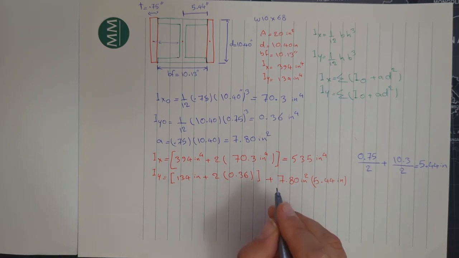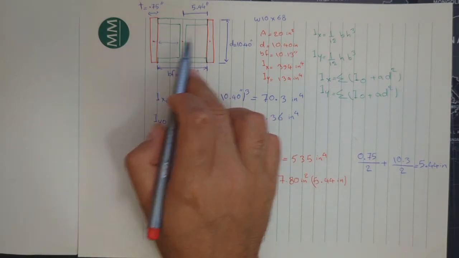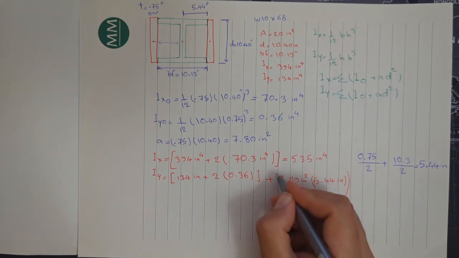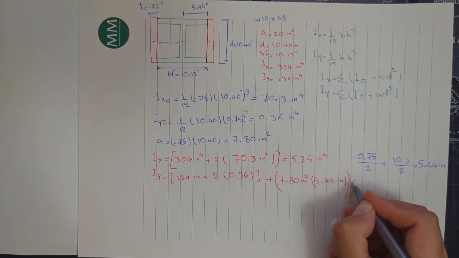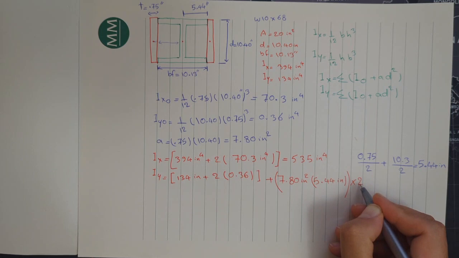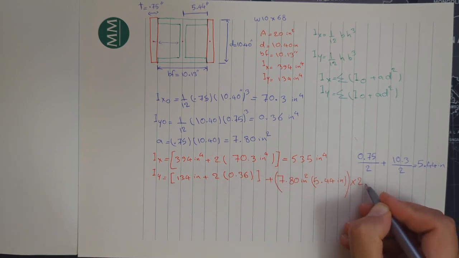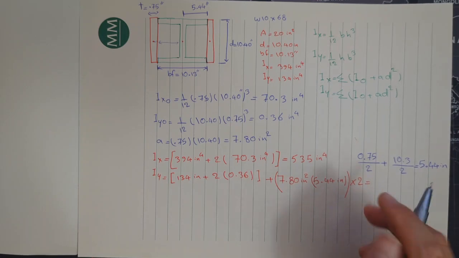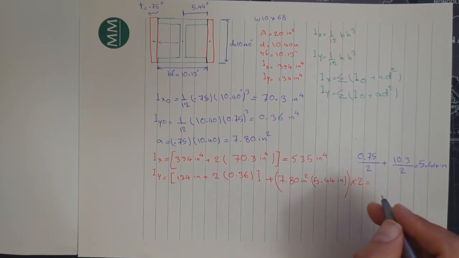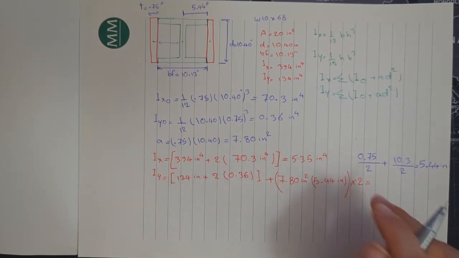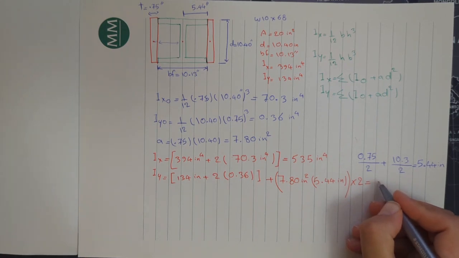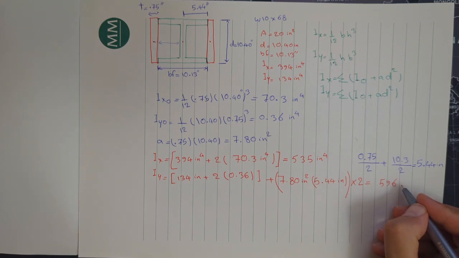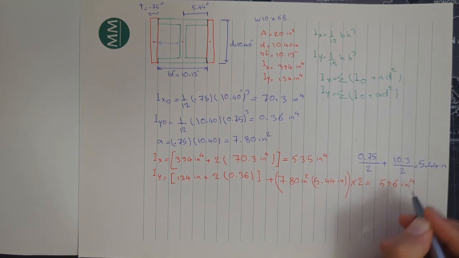Just don't forget, we have 2 plates. I actually had to write this down here, but never mind, that's fine. So the final answer for IY is going to be 596 inches to the power of 4.